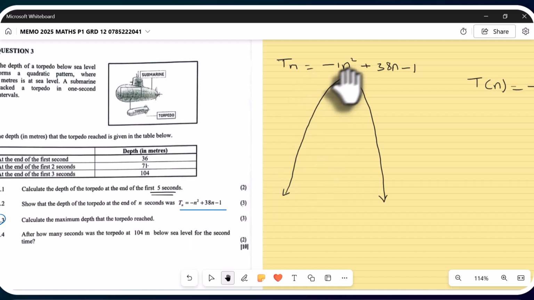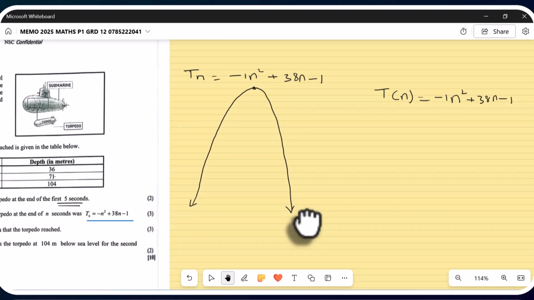And being parabolic, we see this is a turning point where our derivative is equal to 0. So we can differentiate this expression and equate to 0, because at the maximum, our derivative equals 0. So now differentiate here, you get what? You're going to get minus 2n and then plus 38.